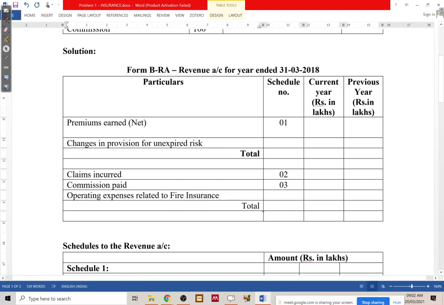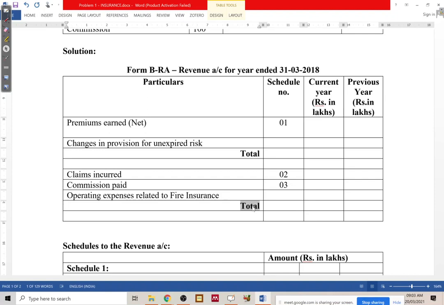All other operating expenses which are not only of the fire insurance department but of the whole company, for example if you buy printing paper, or stationery, pens, pencils, erasers, you're not going to buy it only for the fire insurance department. You're going to buy it for the whole company and then distribute it to all the departments.